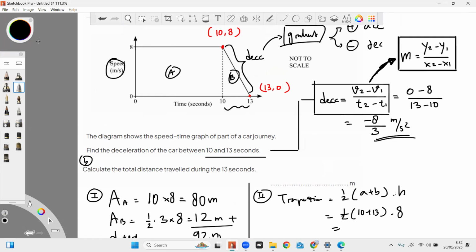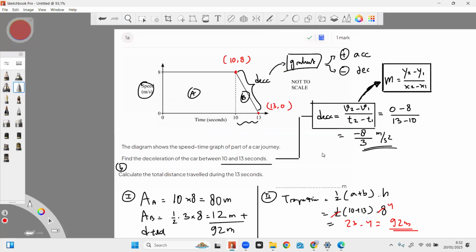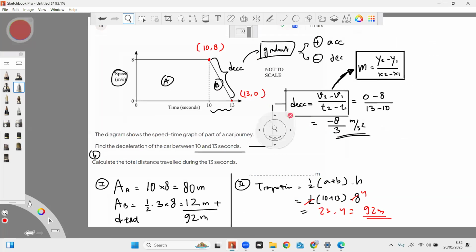You can cross out: 2 and 8 becomes 4. 23 times 4 is 92 meters also. Way more simple. You can choose either the breakdown rule, where you only get rectangle, square, or triangle, but the trapezium is more efficient and takes less time, as long as you memorize the formula.